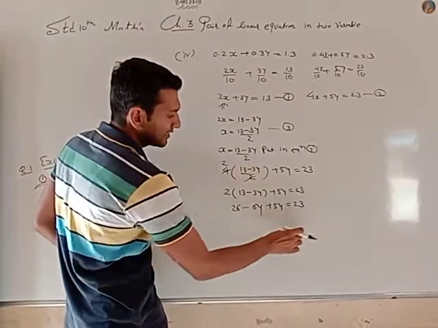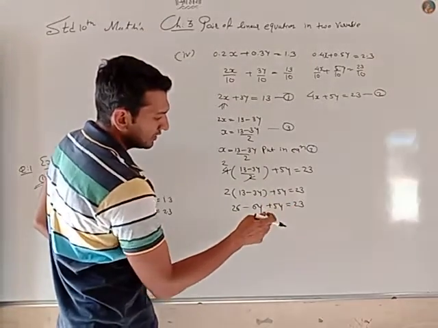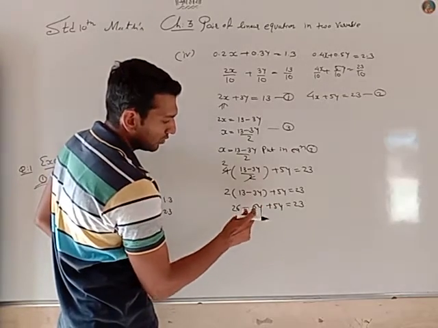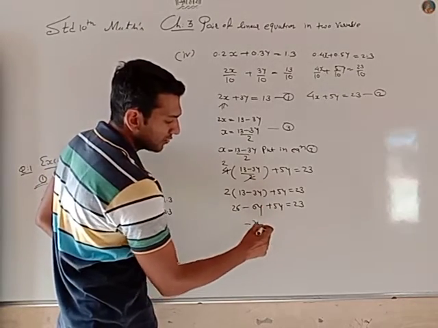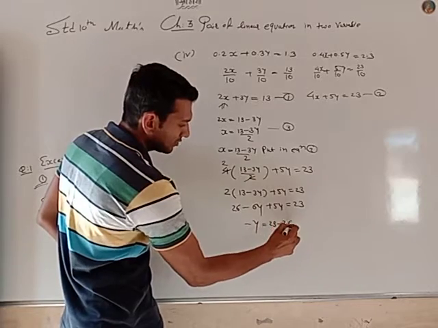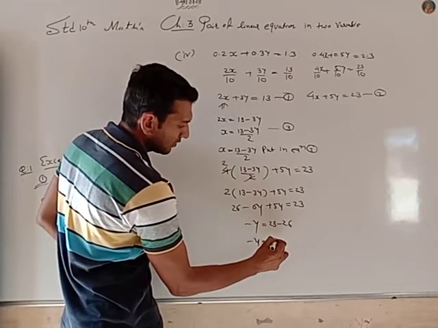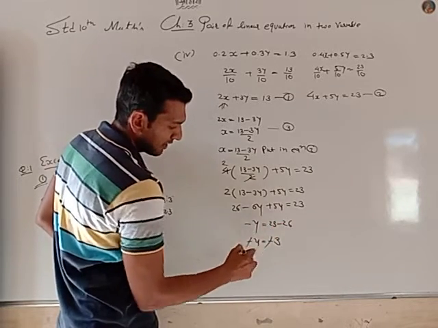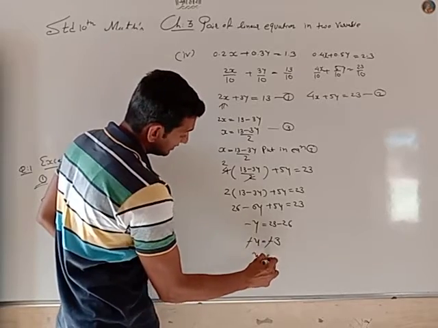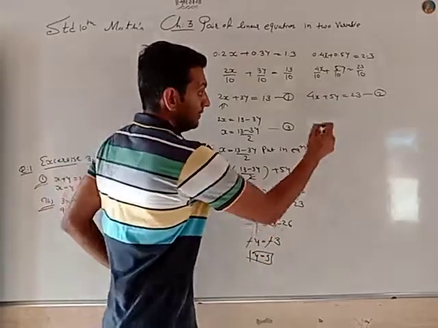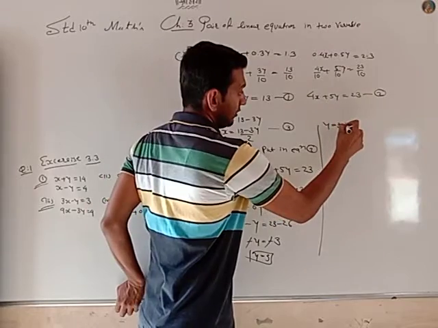Now 26 goes to the right side of the equal sign, so minus 6y plus 5y is minus y. 23 minus 26, minus y is equal to minus 3. Minus and minus on both sides cancel. Y is equal to 3.